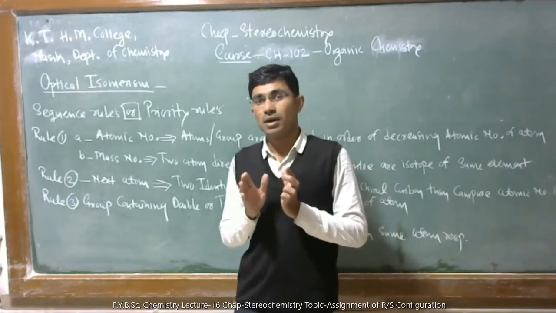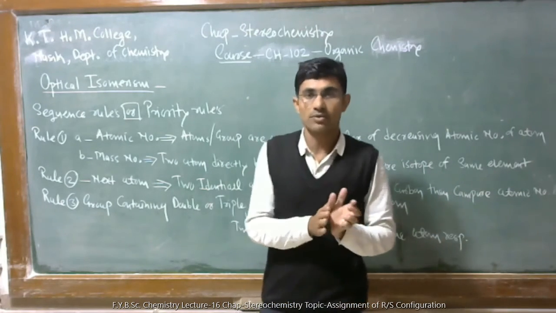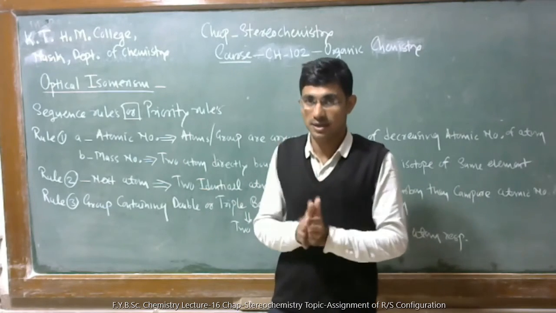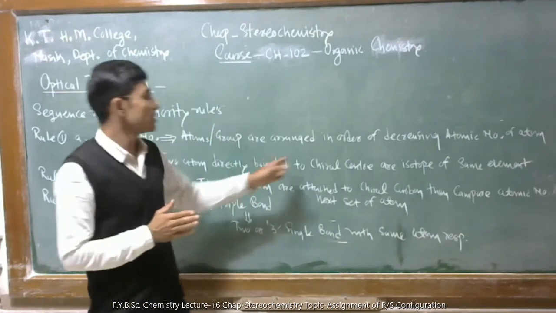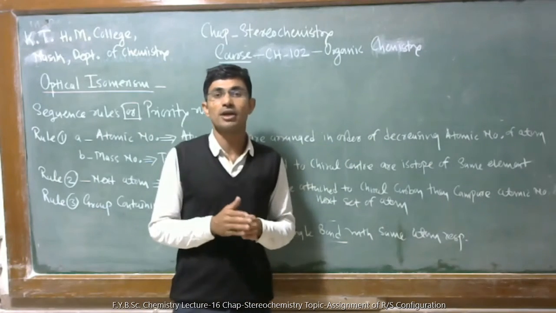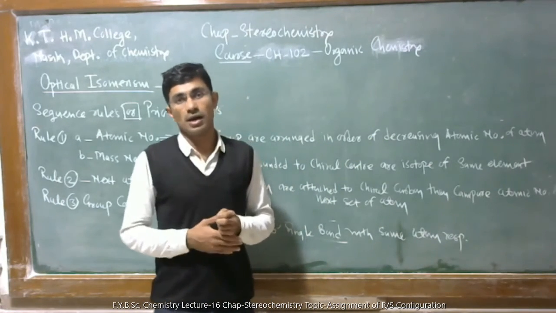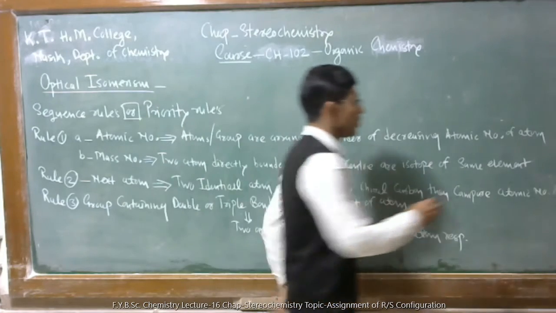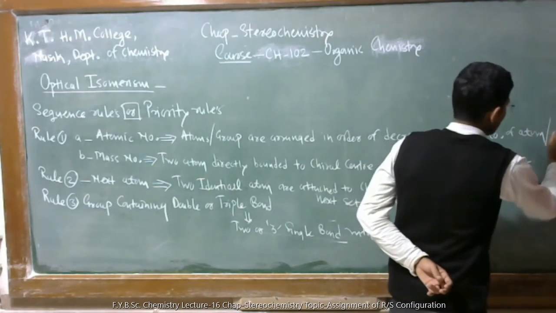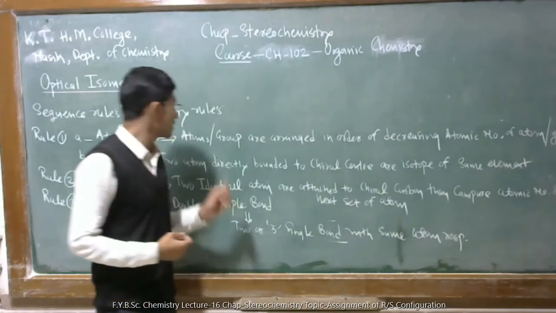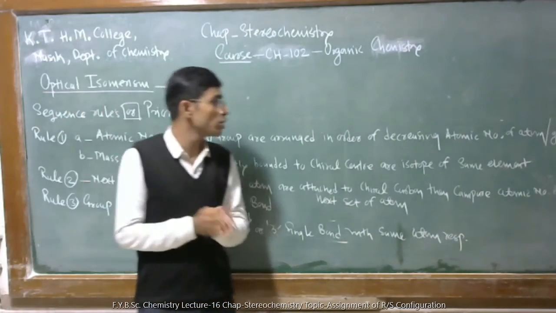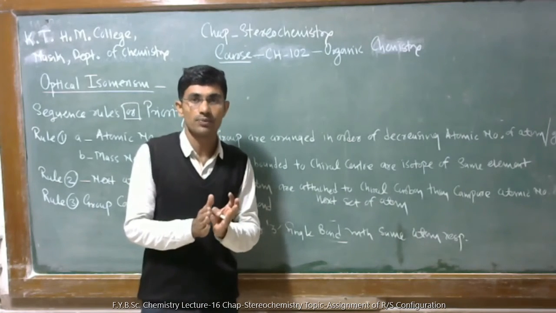Atoms or groups of atoms bonded to the chiral center can be arranged in order of decreasing atomic number. So the rule first says that atoms or groups are arranged in order of decreasing atomic number.